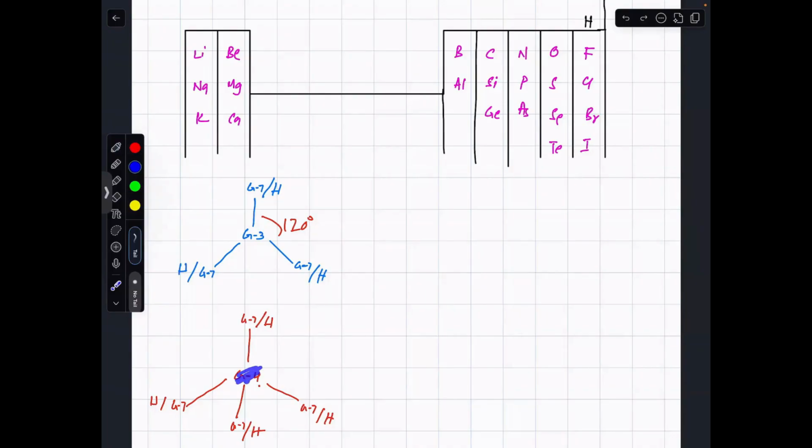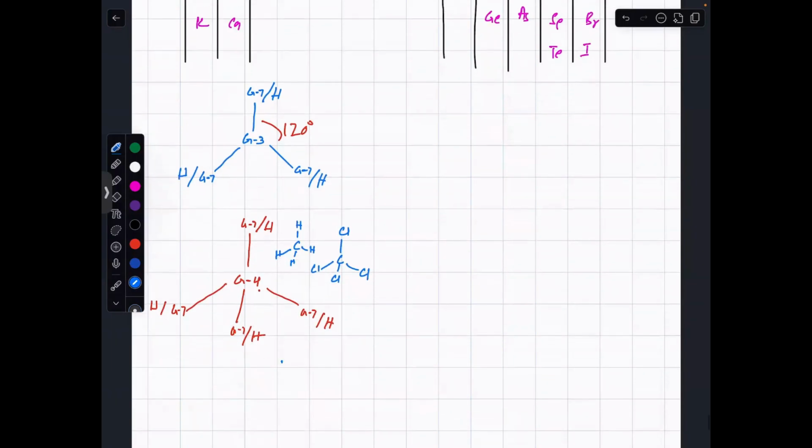Like this, this is group 4 with group 7. So can you tell me the formula? This is carbon with 4 Cl, CCl4, tetrahedral. CF4, CCl4, CH4, SiCl4.